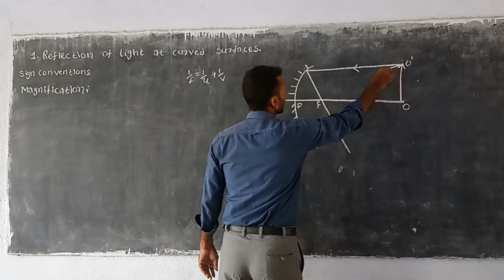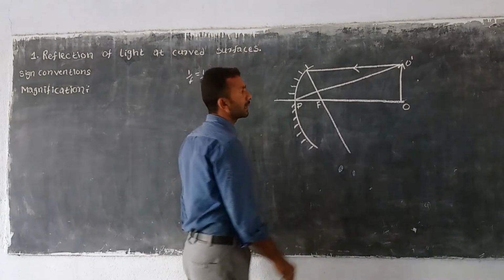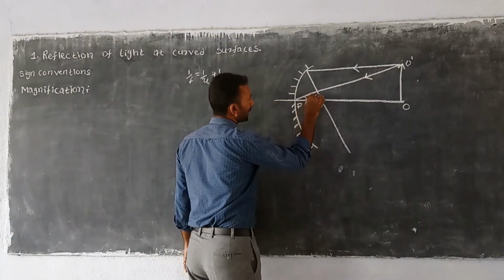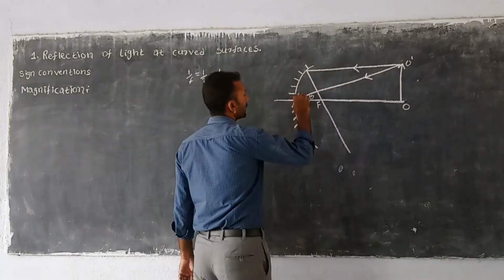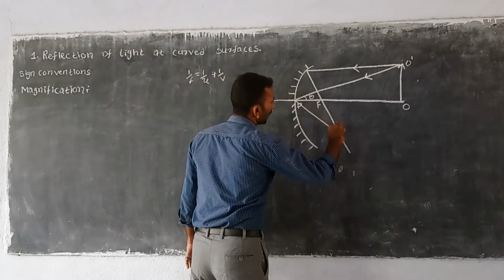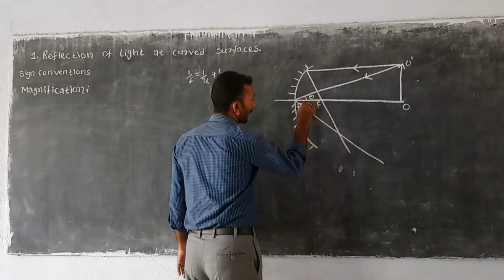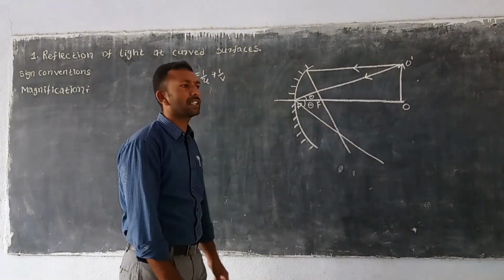The second light ray we are taking is incident on the pole of the mirror with some angle theta, which is the angle of incidence. After incidence it reflects and goes another way with the same angle theta, that is the angle of reflection.